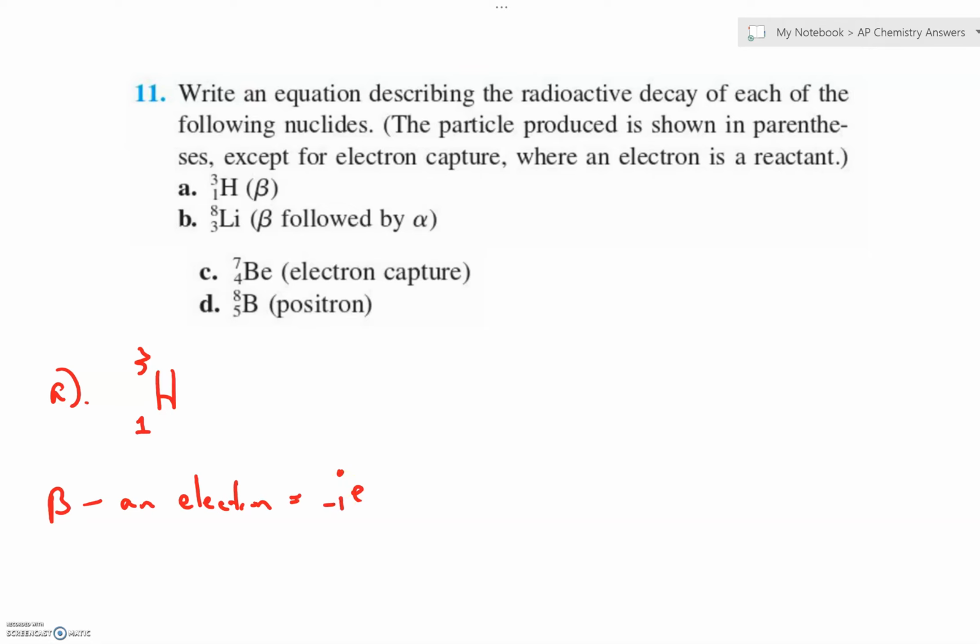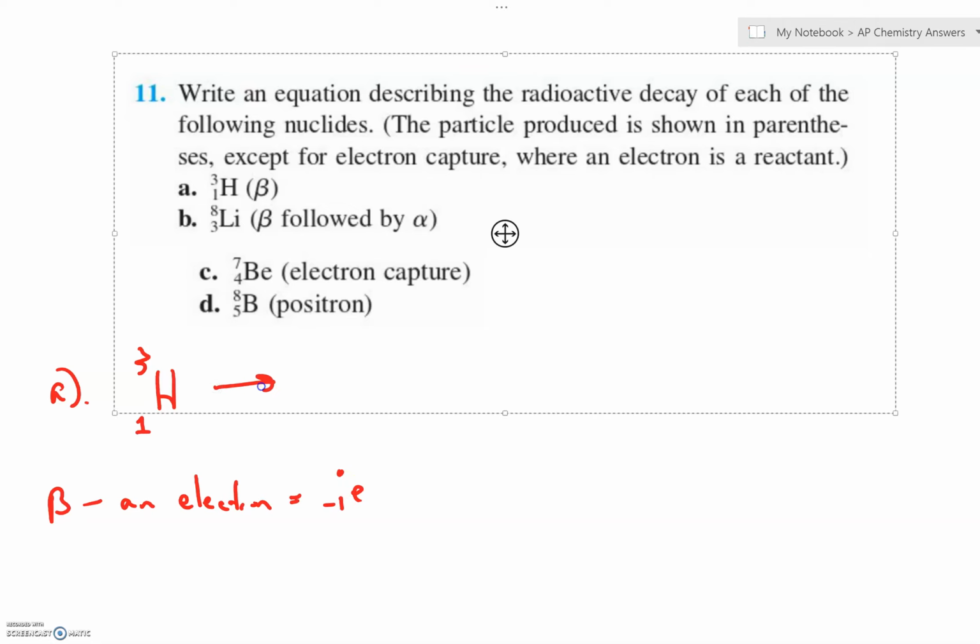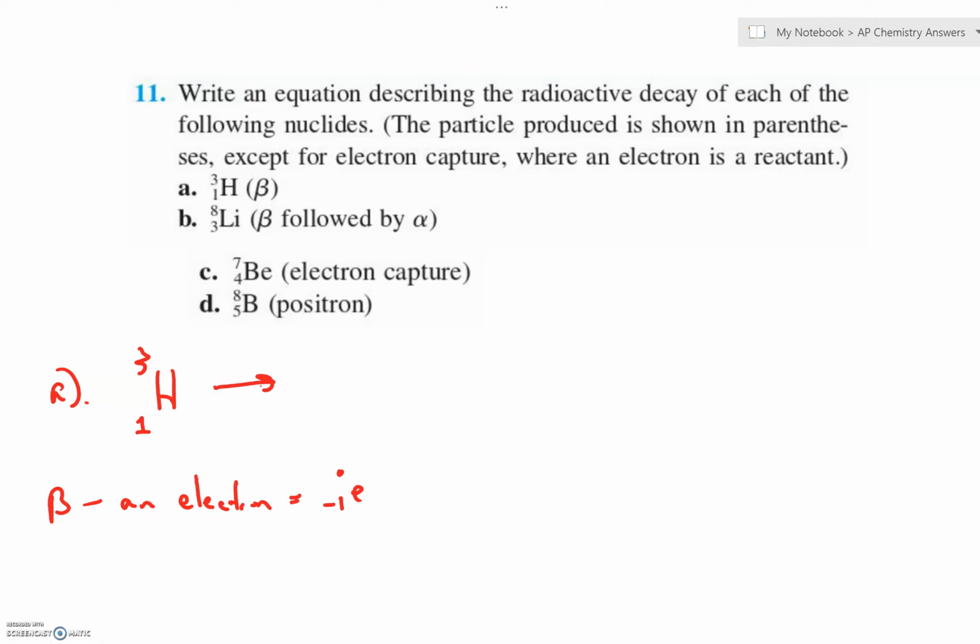So what happens when this decays? We are going to give off an electron, and this is going to be kind of weird, but our other product, we're simply going to make the transfer using the mass and the atomic number. So what happens when you give off a mass number of 0?